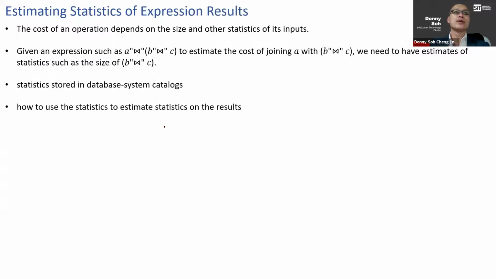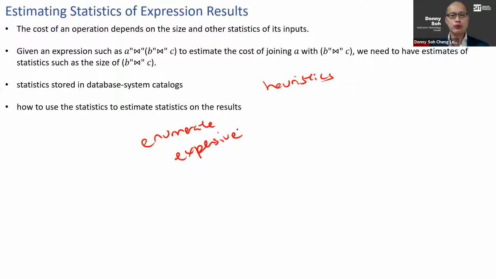Okay. Next, we want to estimate the cost of operation, which depends on the size and the statistics of the input. So these are some of the heuristics. Why do we use this? Because enumerating all is very expensive.